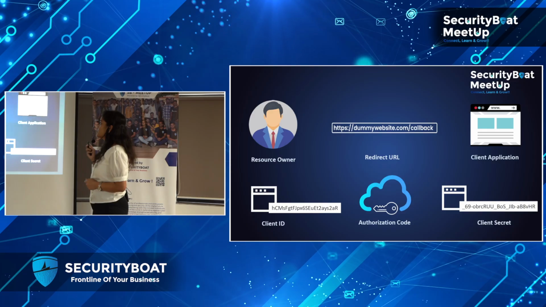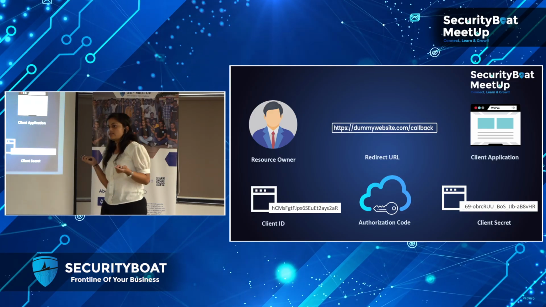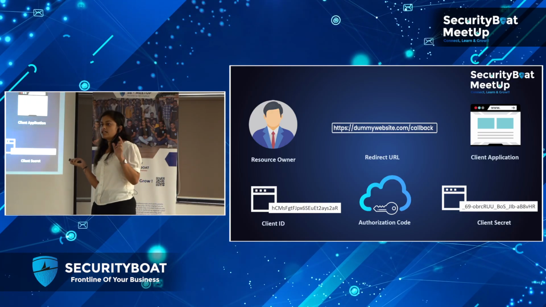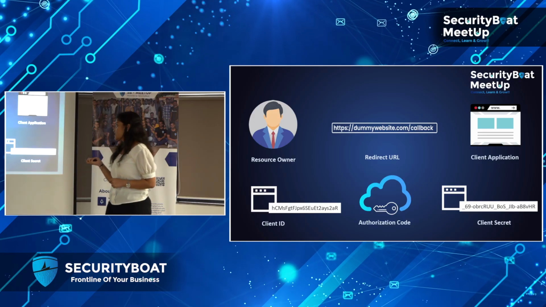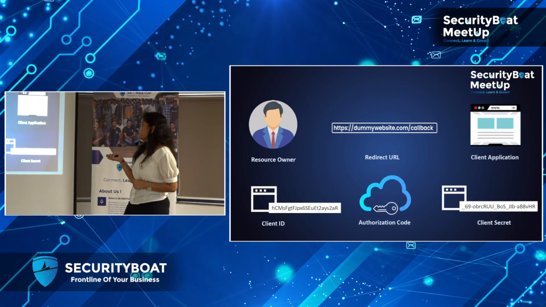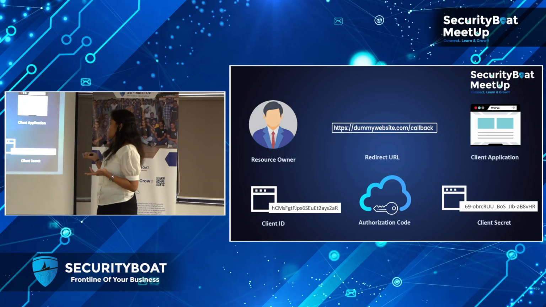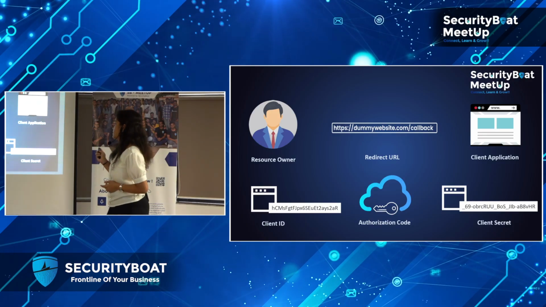The client application will be the application that we want to use. And the client ID will be the ID associated with that particular client application. And here is the authorization code, that you will have a better idea of in further slides, but you can think of it as a temporary code to get the access token.